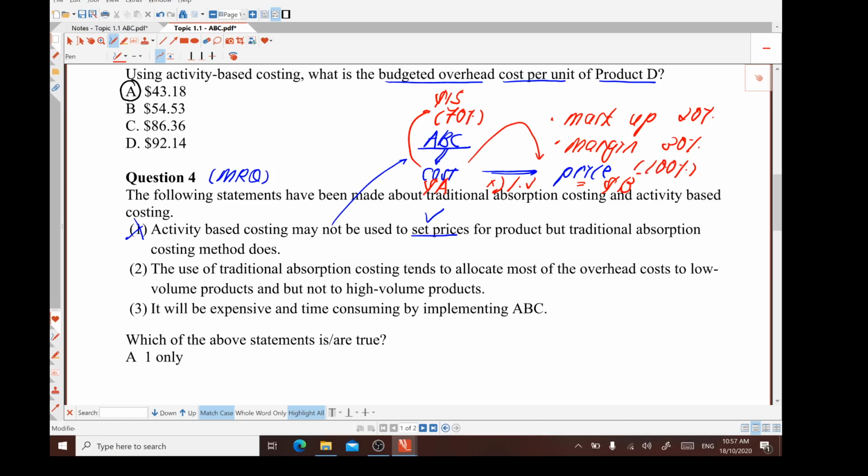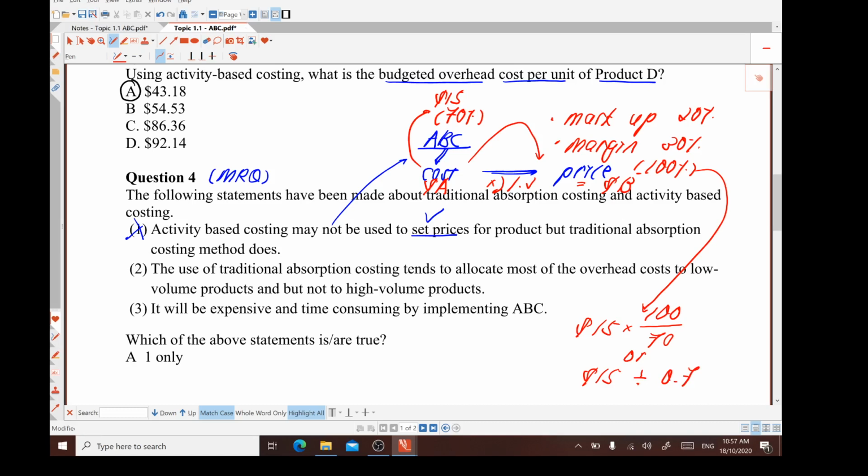So what you can do, let me show you here. You can take 15 over 70 because that is based on 70%, and convert it to the price of 100. That's what you can do. Or to be quick, mathematically, you can just take the 15 and divide by 0.7.